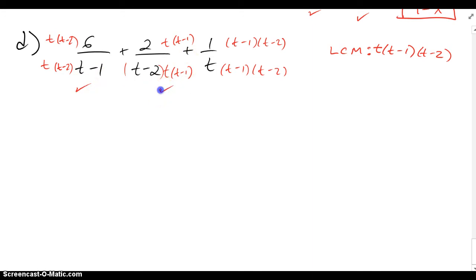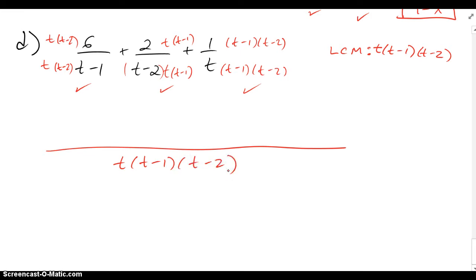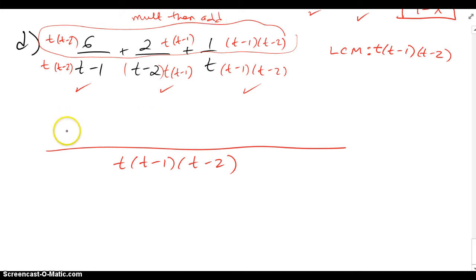Next, I have the same denominators, check, check, check. So I got this big old thing, t minus 1, t minus 2. That's the same for all of them, and I have to clean all of this up. I have to add them, but I must multiply, then add. So in order not to make mistakes, let me write it like this.